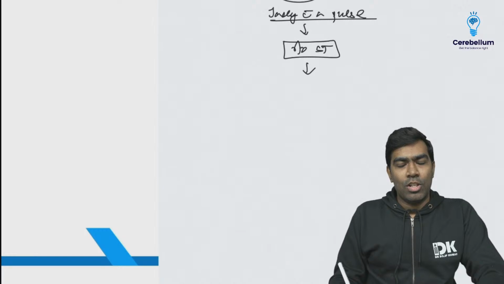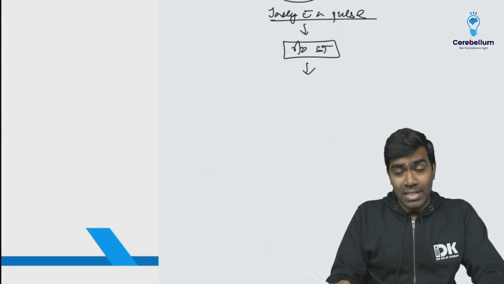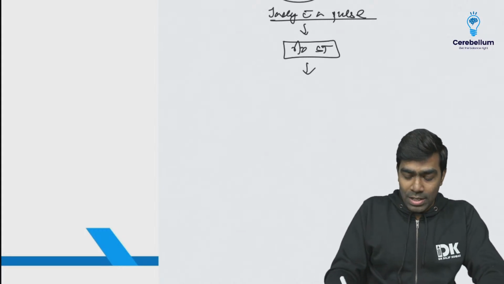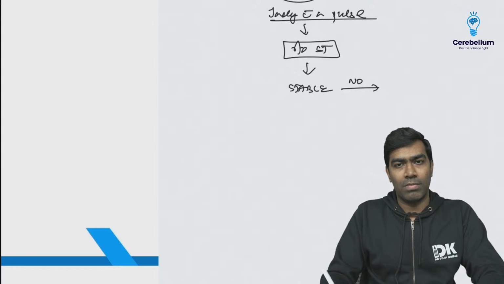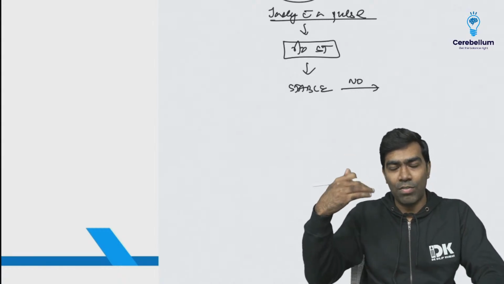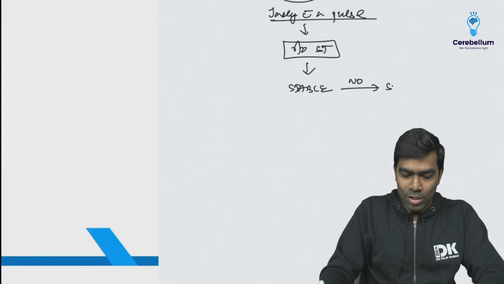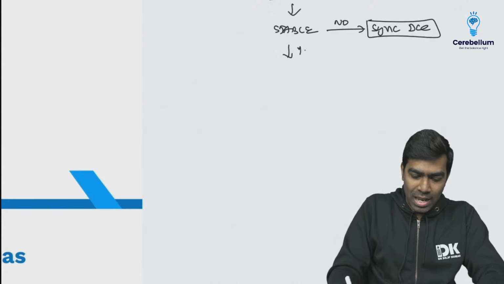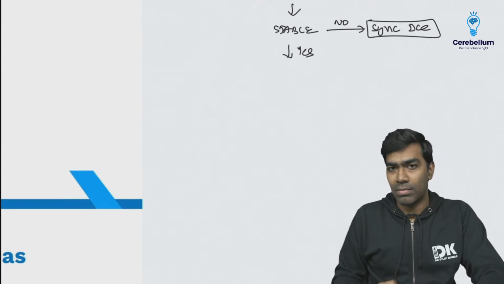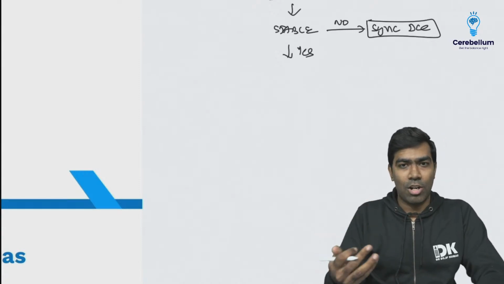Once you have ruled out sinus tachycardia, the next step is to see whether the patient is stable or unstable. If the patient is not stable, for example if the systolic BP is less than 90, you have to proceed with synchronized DC cardioversion. If the patient is stable, then you can try drugs and other maneuvers.